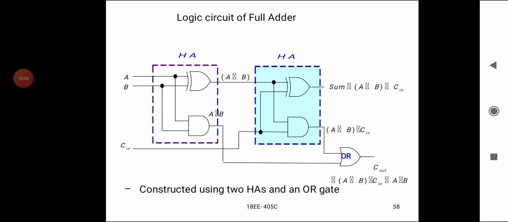These two carry outputs of the half adders are connected to the OR gate, which generates the full adder carry out. So C-out equals AB plus C-in of A exclusive OR B.